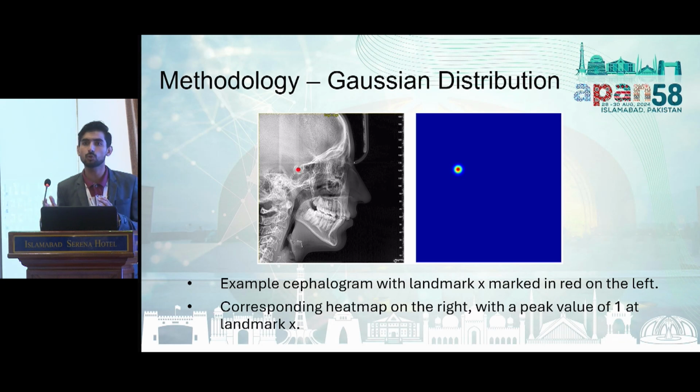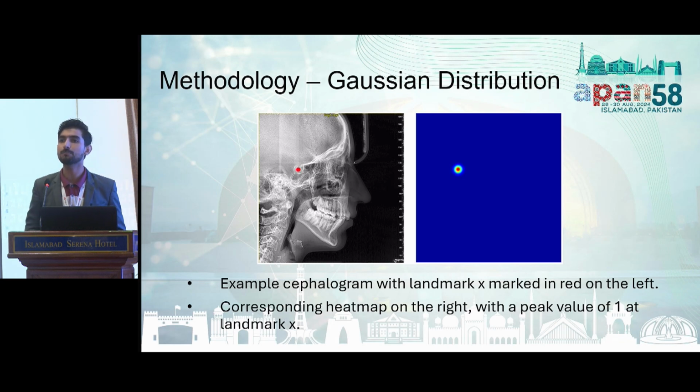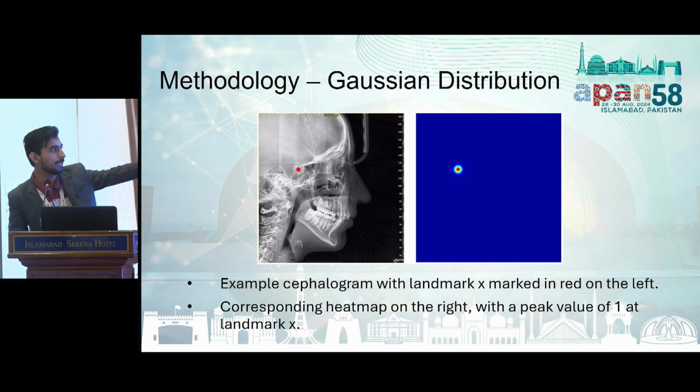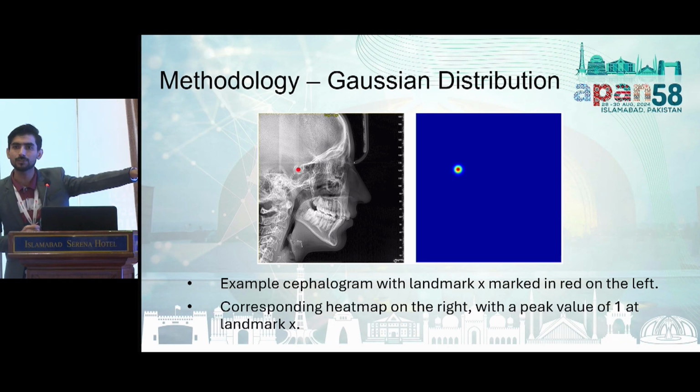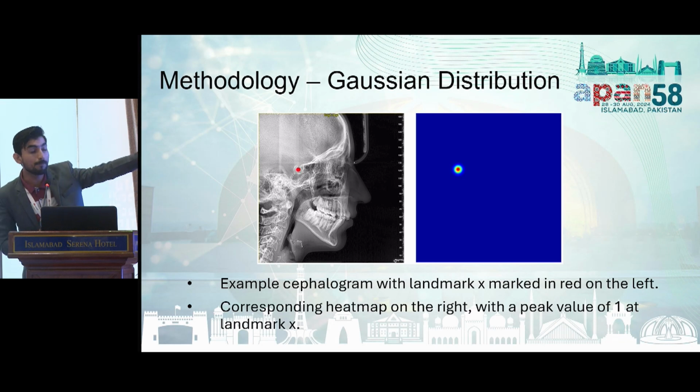But it comes totally different when it comes to heat map regression. In heat map regression, you can see there is an X-ray image and a landmark represented as a red spot, and the equivalent image with the same resolution, same height and width, you can see a blob at the same location.